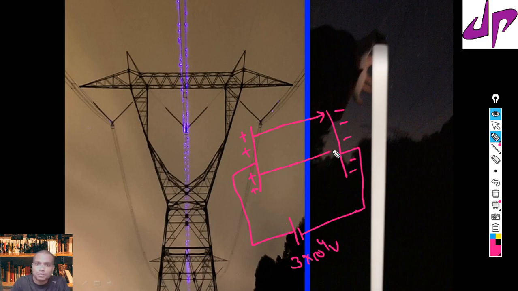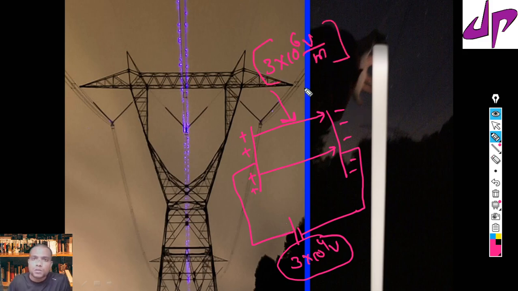So let this be the direction of the electric field. Now if this is the potential difference you applied, the corresponding electric field that develops between the two capacitor plates is an amount of 3 times 10 power 6 volt per meter. This is the amount of electric field which will develop between the two capacitor plates.